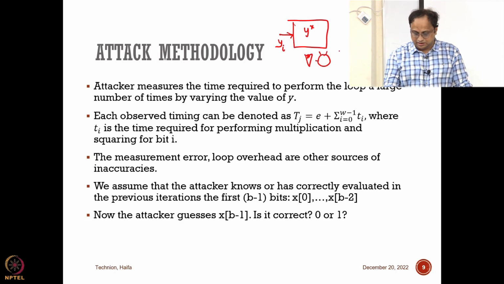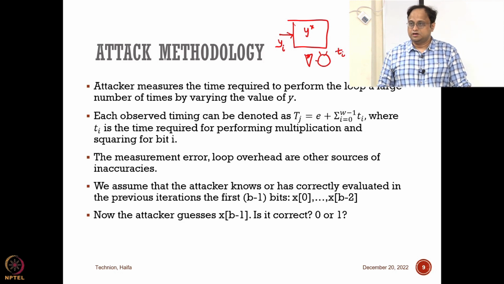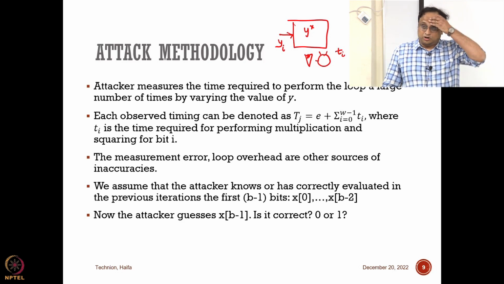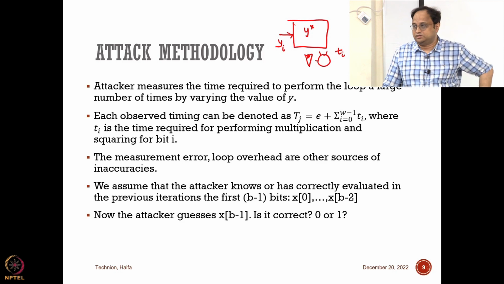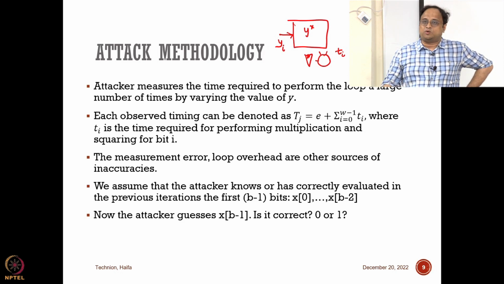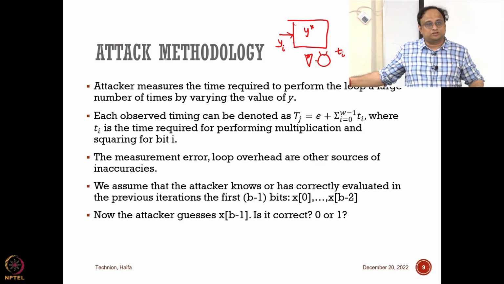So it will get a list of timings, call it ti. Every time you are doing this decryption, you are not only doing the decryption, but also observing the time required in this computation. Suppose you observe the first time as t1, the second as t2, the third as t3, and so on. So you will get a statistics of timing.